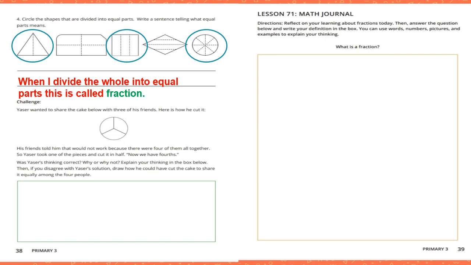We have Yasser and 3, so all of them are 4. So it's not correct. So Yasser took one piece of these thirds and cut it into halves.